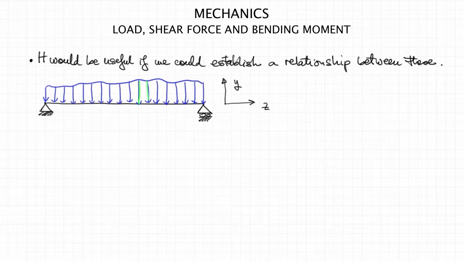So for this purpose, we're going to cut a very small, infinitesimally small element of the beam that has a length dz.